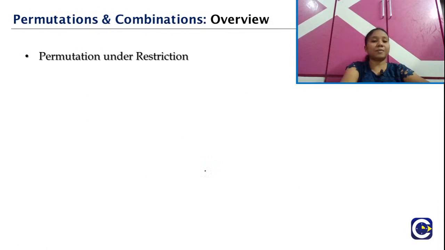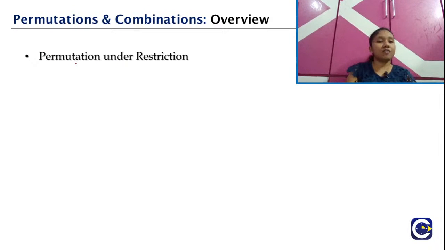So first, as I mentioned, so far we are dealing with only the concept of permutation. In our previous session, we discussed the concept of permutation under restriction, where we have seen some typical restrictions as well as we have learned two methods.